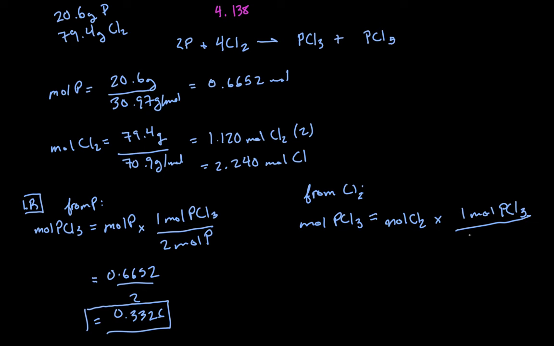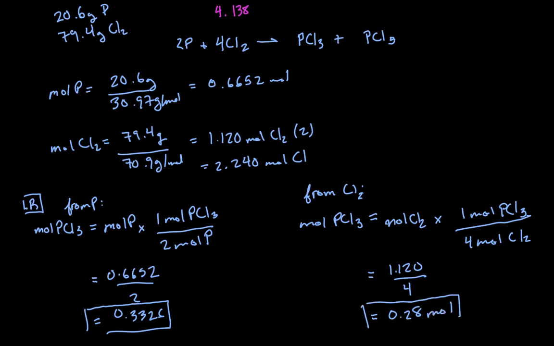So this is 1.120 moles of Cl2 divided by 4, and we can see that these numbers are not equal. We have 0.28 moles here.